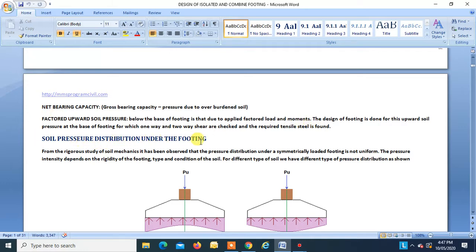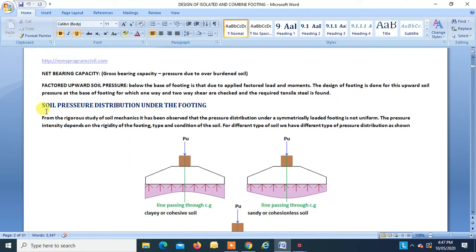Soil pressure distribution under footing. From the rigorous study of soil mechanics, it has been observed that the pressure distribution under a symmetrically loaded footing is not uniform. Say you have only an axial load which passes through the CG of the footing. If the type of soil is clay or cohesive soil, then this kind of pressure distribution will be there.